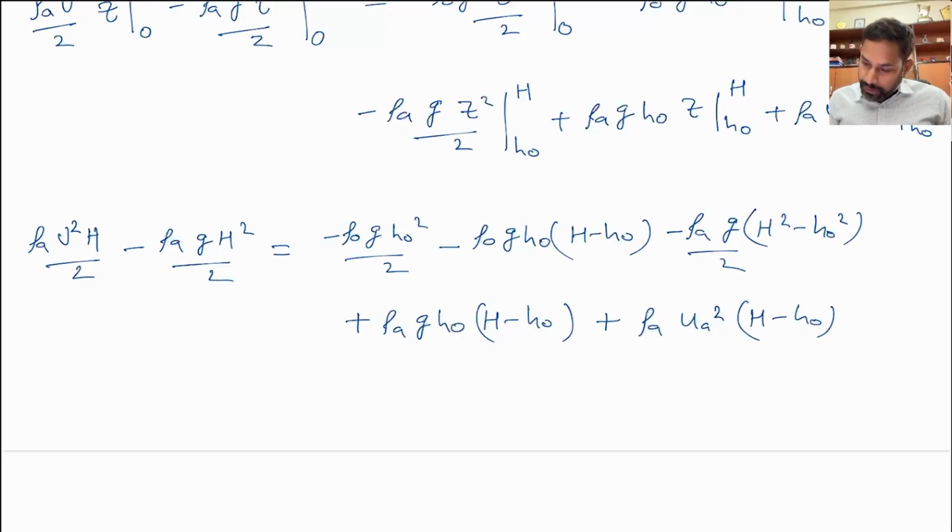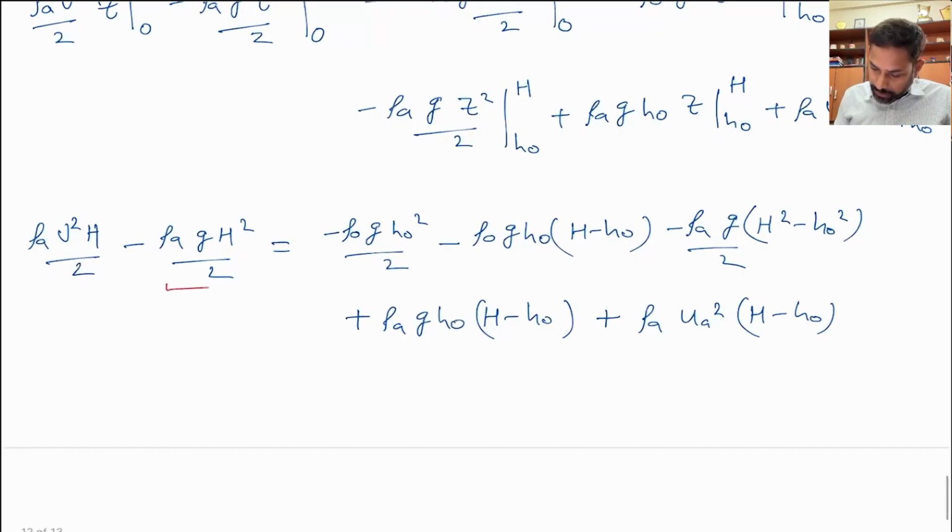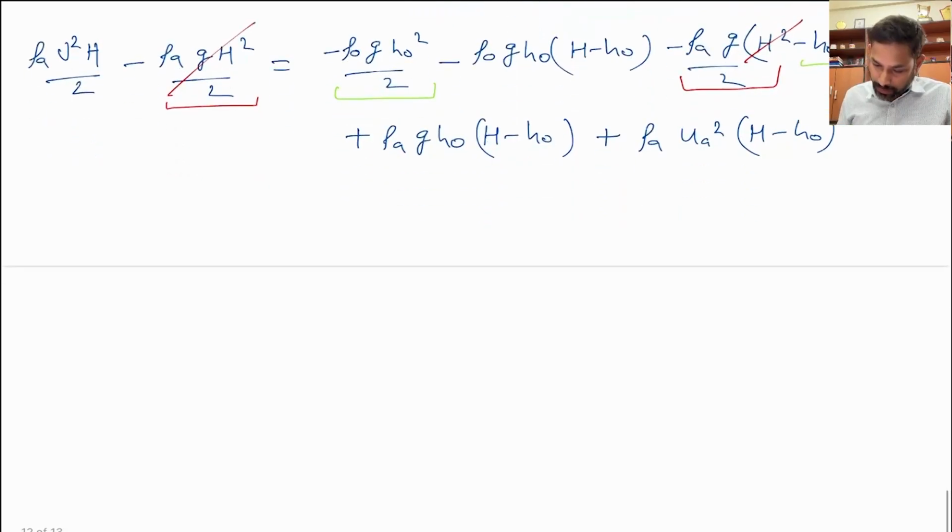And one thing, now you will see that there are a few terms which are common and we can get rid of them. So for instance, this red one is the same as this one, so this and this cancel out, and also this one is similar to this one, not exactly the same but similar, so we are going to simplify these two equations accordingly.